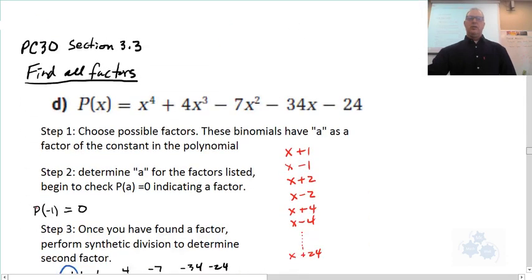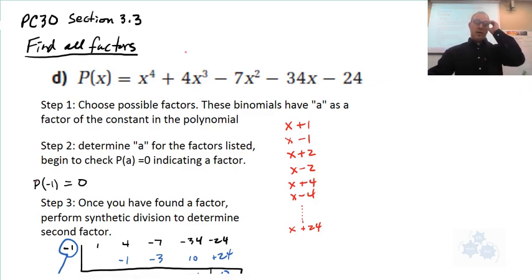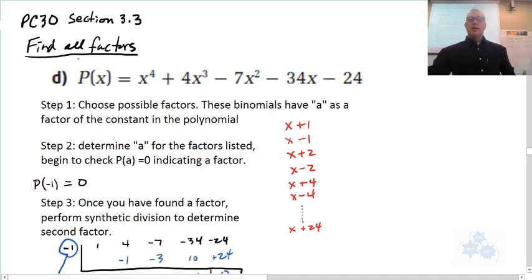Okay. So here's an example, and again, I'll just kind of pause on this screen for a little bit so you can write down these steps and this example. So write down this example, find all factors of this polynomial right here. So this is a long one. Okay? And we have to try and identify some factors using the factor theorem.